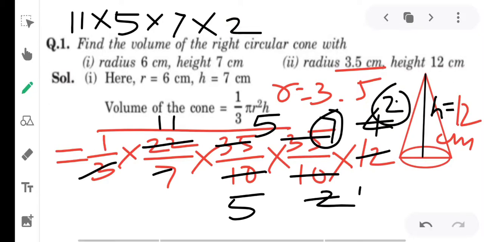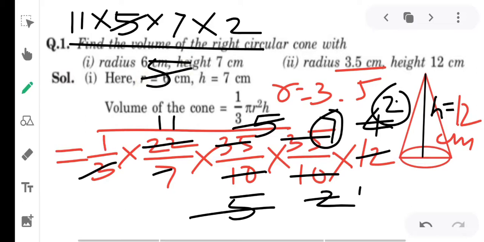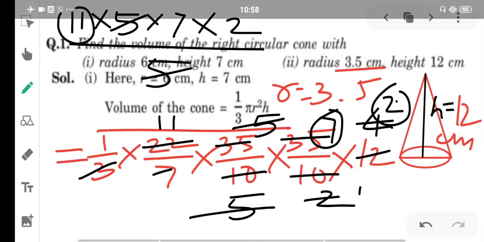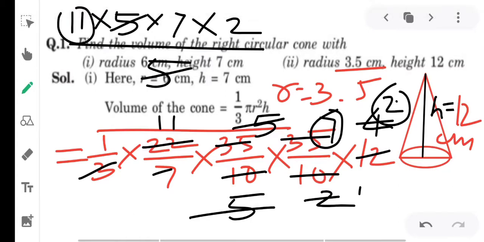And on the denominator you have 5. Denominator में 5 बचा हुआ है, so we can cancel out this 5 also. तो यहाँ पर ये दोनों भी कैंसिल हो जाएंगे, and the remaining value is 11, 7 and 2. So we can write 11 multiply 14.